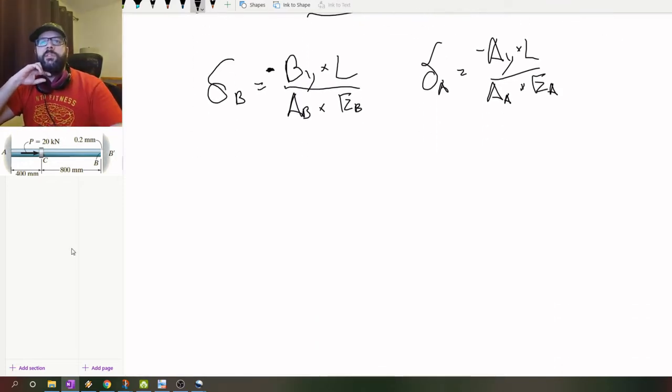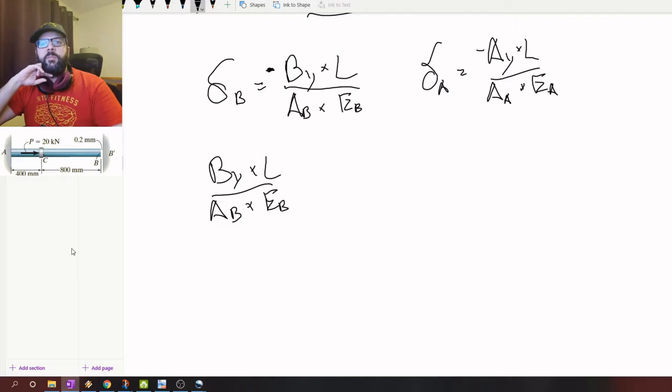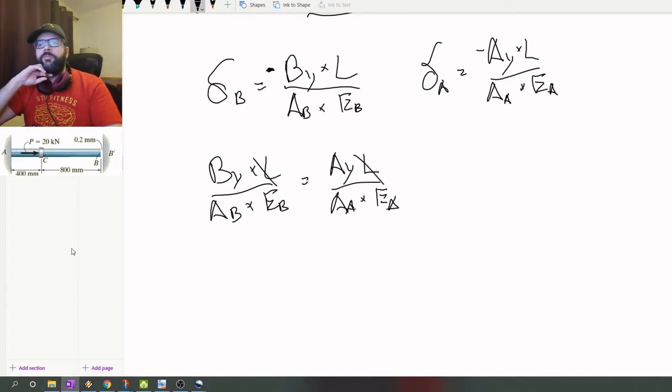So those two things: we've got By times L over A brass times E brass is equal to Ay times L over A aluminum times E aluminum. So the L's cancel out because they're the same.